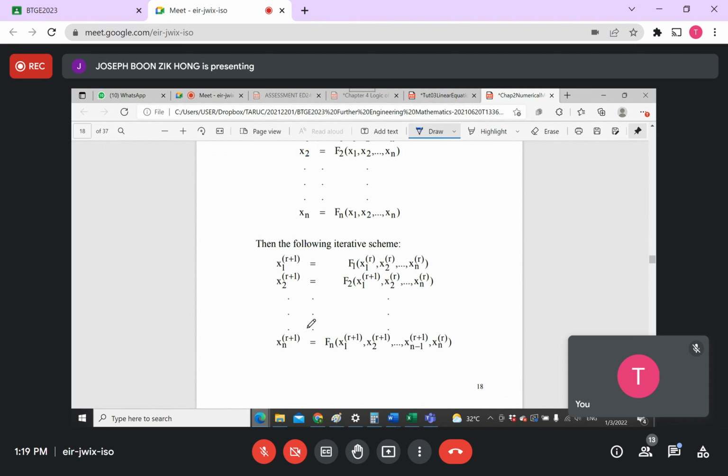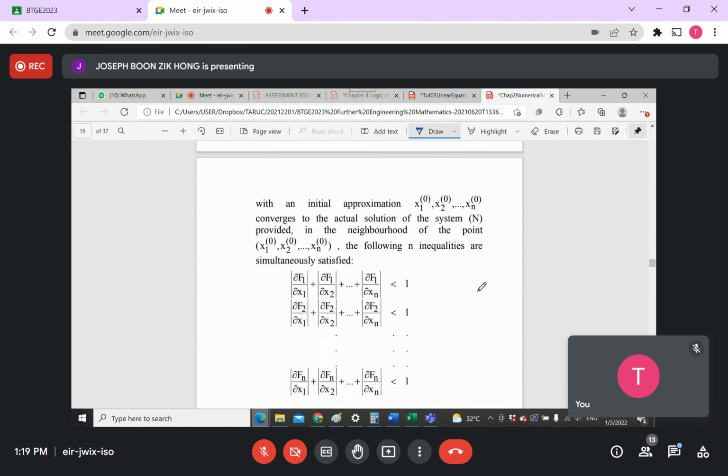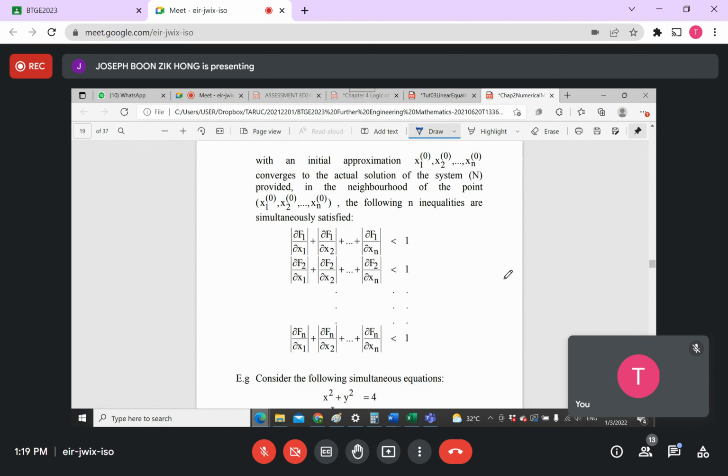Then we try to do the iterative. This iterative is a bit similar to Jacobi. So we have a look. What is this? Later we'll see.